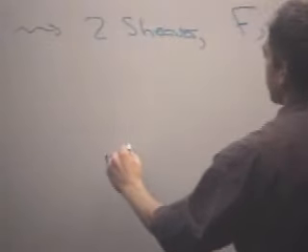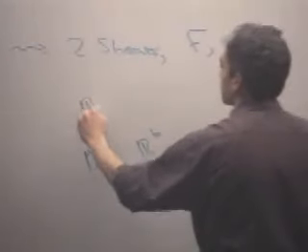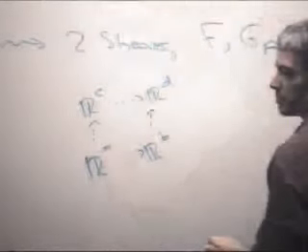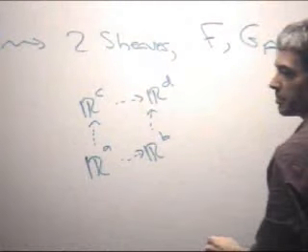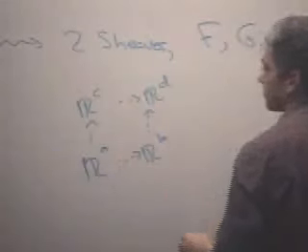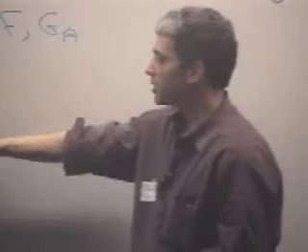So there'll be R to the A, R to the B, R to the C, R to the D. And these, you just don't care about them. It's not going to matter what they are. They could be the 0 map. Whatever the map. These could be the 0 maps. Whoops, and I'm going the wrong way, of course.